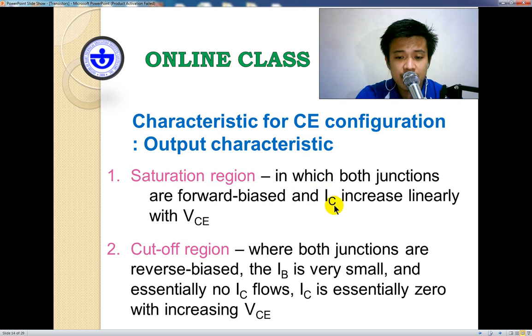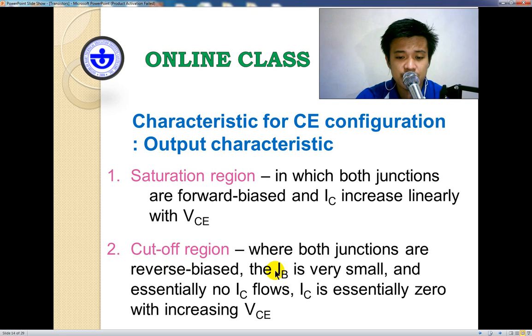And the current in the collector increases linearly with the voltage across the collector and the emitter. So it means once the current on the collector is increased linearly, at the same time the voltage across the collector and the emitter will also increase. That is what is being specified here.